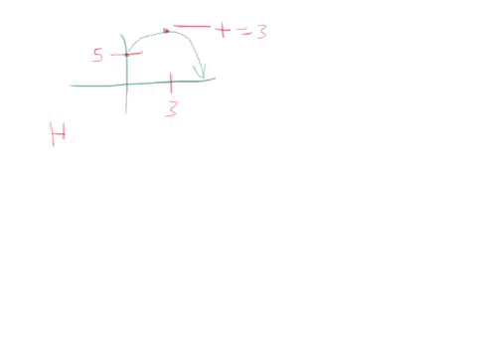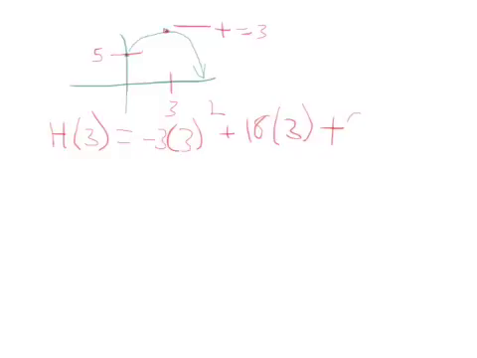Using the formula that's given to us, we plug a 3 in for t, so h of 3 is negative 3 times 3 squared plus 18 times 3 plus 5. When I solve this, I get h of 3 equals 32.